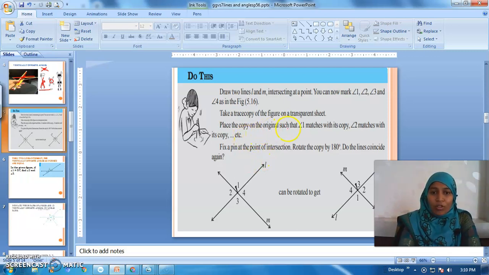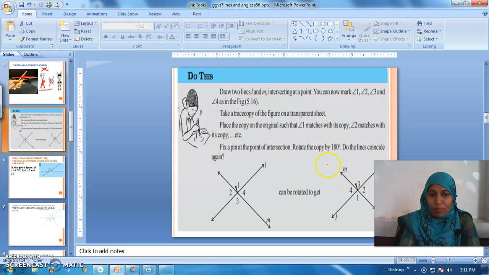Place the copy on the original such that angle 1 matches with its copy. Fix a pin at the point of intersection. In one page you will draw this. This is a copy on trace paper.